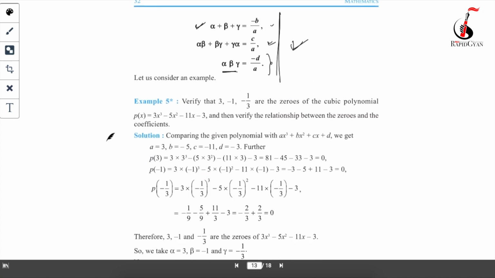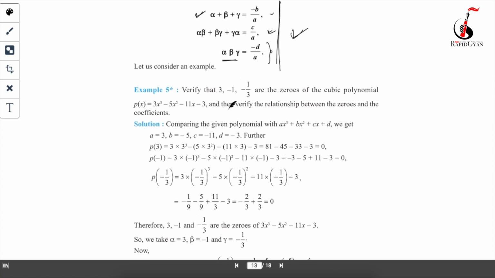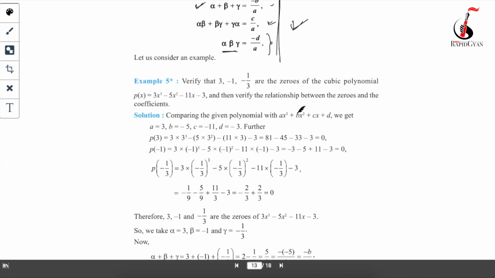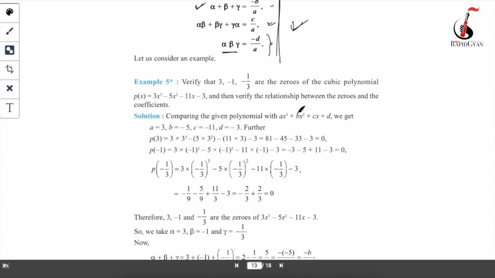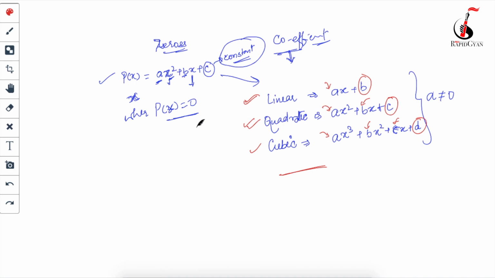So let's go and solve example 5. Example 5 says: verify that 3, minus 1 and minus 1 by 3 are the zeros, nothing but alpha, beta and gamma, of the cubic polynomial, and then verify the relationship between the zeros and coefficients. How will you verify? I told you at the very start how to find the zeros of a polynomial: the value of x at which the whole polynomial becomes 0 is called a zero of the polynomial.